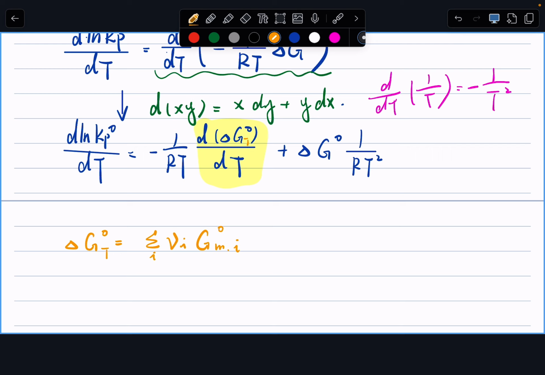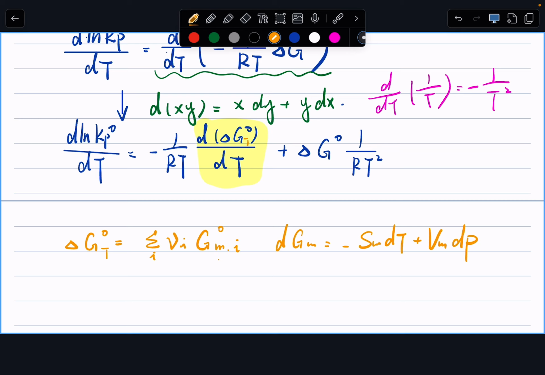And what else do we know about the differential of these molar Gibbs free energies? That goes back to our Gibbs equation: dGm equals negative Sm dT plus Vm dP.